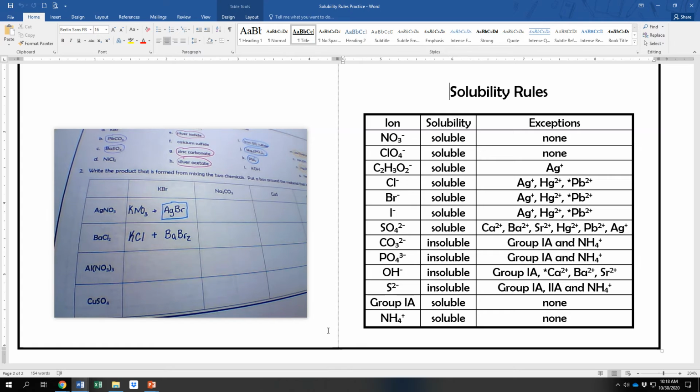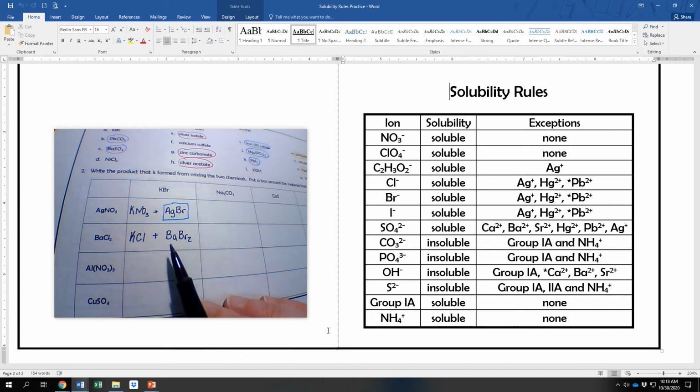So let's look at our solubility rules. Potassium is a group 1 metal. It will always stay dissolved. Okay. Br says soluble unless it's bonded to silver, mercury, or lead. So in this case, there would be no reaction observed because no product is going to form a solid.